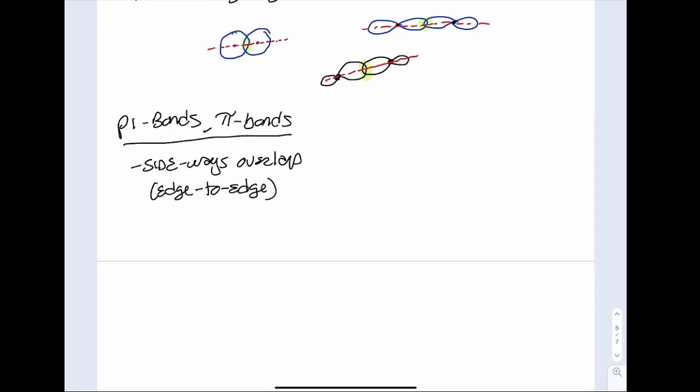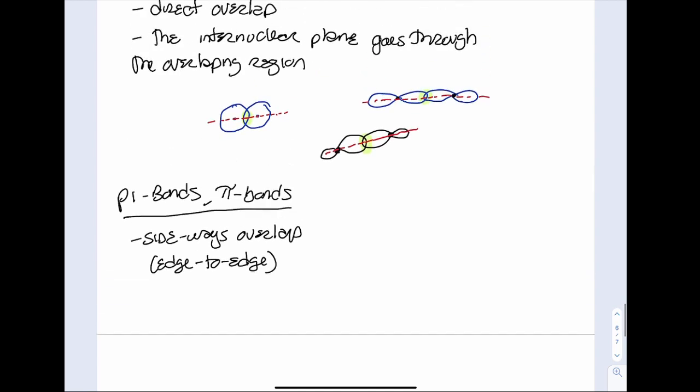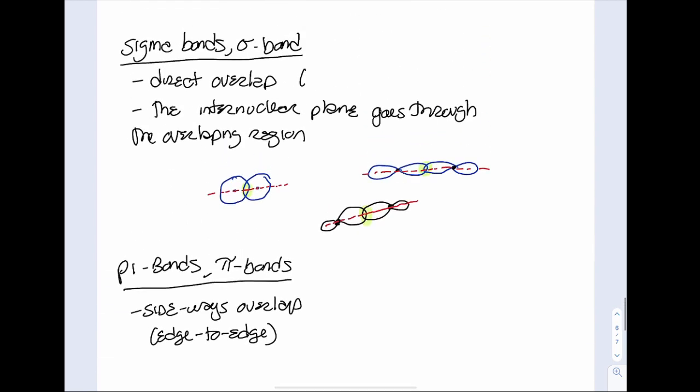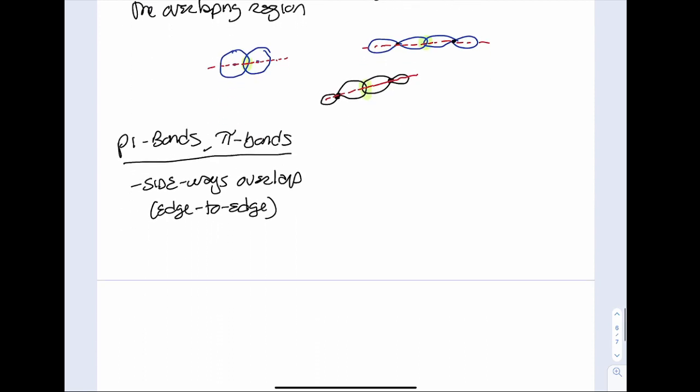Again, I usually just use sideways, but edge to edge you will see, particularly in the homework. Up here, I didn't write it, but sigma is sometimes called end to end. I don't particularly like that because an s orbital is spherical. You don't really think of a sphere as having an end, but that term has been used before. Again, I'm going to stick with direct overlap and then sideways overlap.